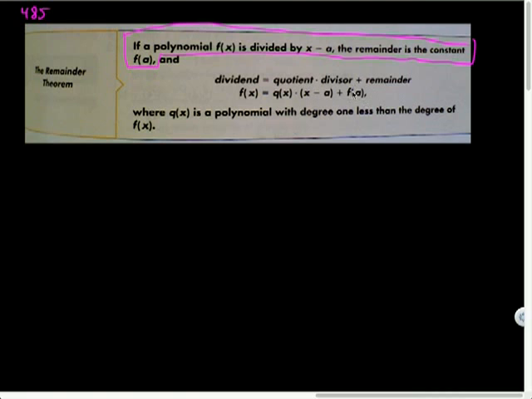And then the remainder I could write as f of a, now that I know that the remainder can be just found that way, or just whatever I get as my answer. Also, q of x is a polynomial with degree 1 less than the degree of f of x, which I think one of you had said, that in my answer from synthetic division, the degree of the exponent was 1 less than the one before.